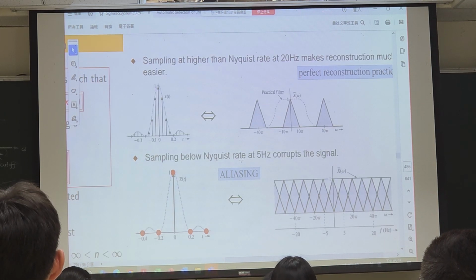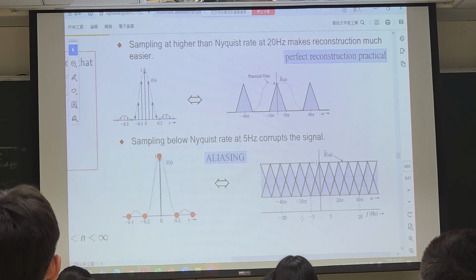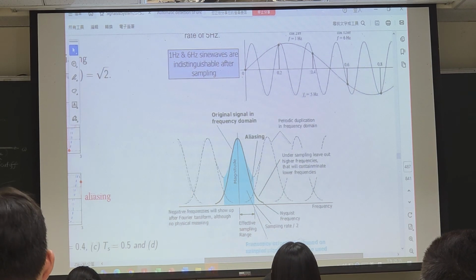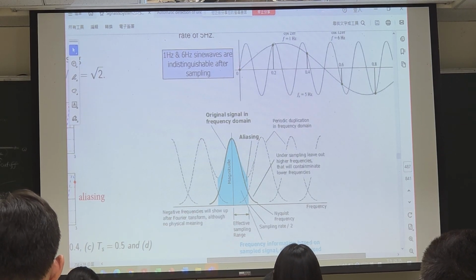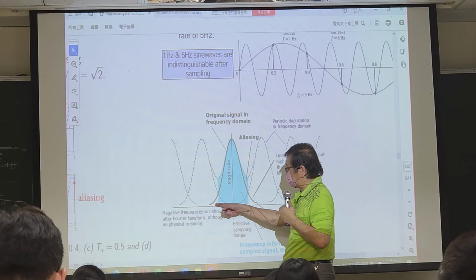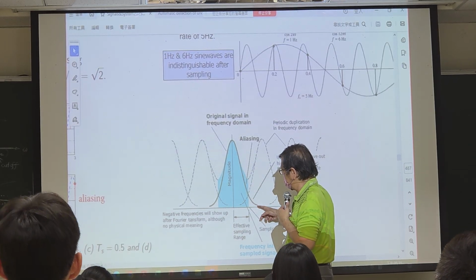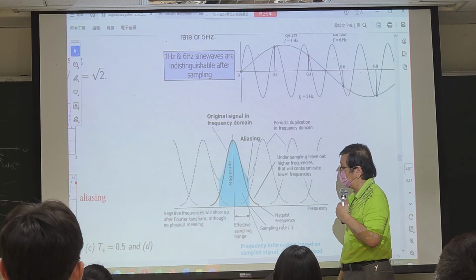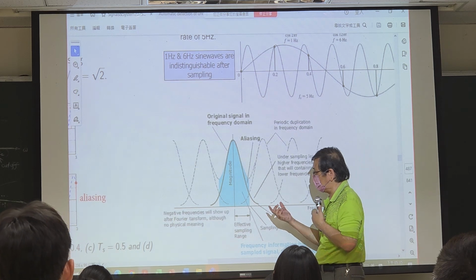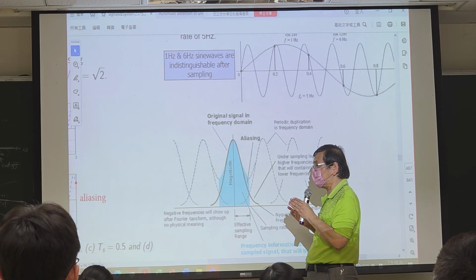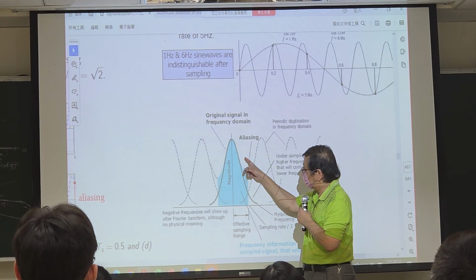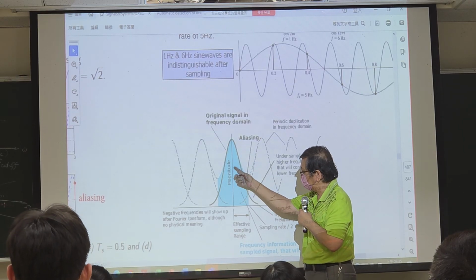Let me show you another. Yeah, this is one of the pages, but we have another one. So this is the frequency response of the original signal. Now, if your sampling interval is too large, that means your sampling frequency is not fast enough, then the second frequency response will overlap with the original.